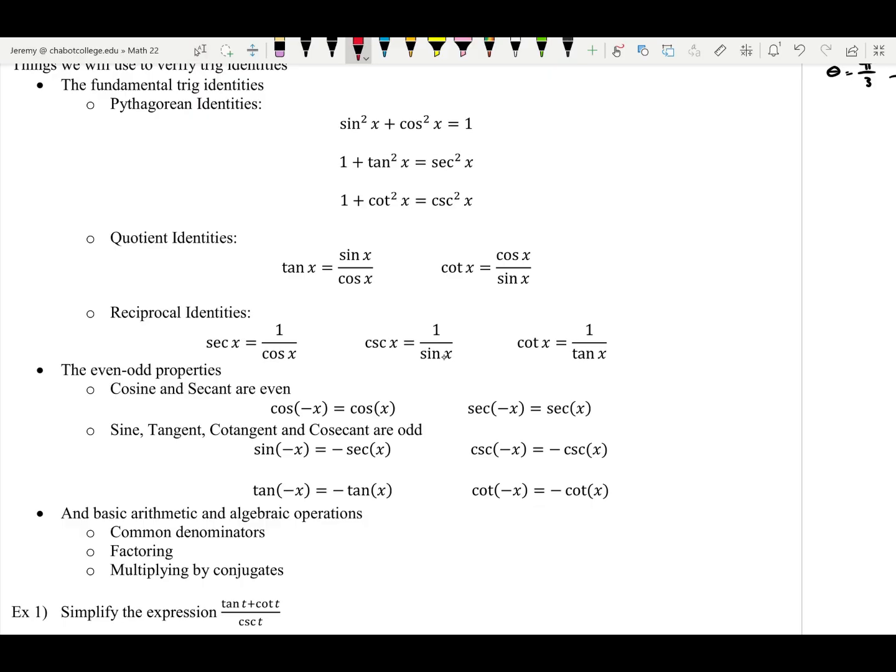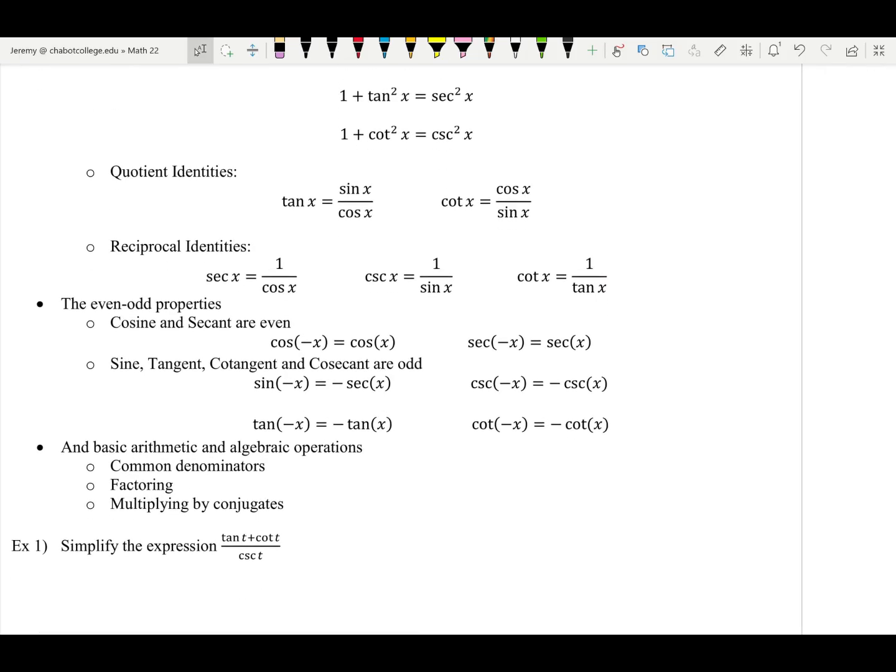These are basically the definitions of tangent and cotangent as sine over cosine and cosine over sine, respectively. These are identities as well. Doesn't matter what value of x you plug in, we're going to get a true statement from each of these equations. Then the reciprocal identities for secant and cotangent.